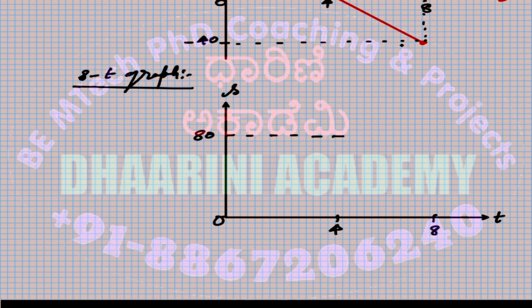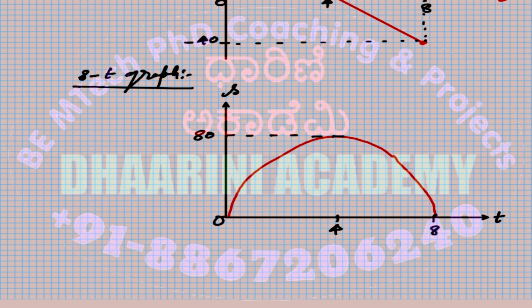That's S. The graph that I'm going to draw should start from 0, reach this point, and then come back to reach 0 over here. So it's like a parabola, right? Start from 0, reach a maximum of 80 meters, and then come back. So this is the required curve.